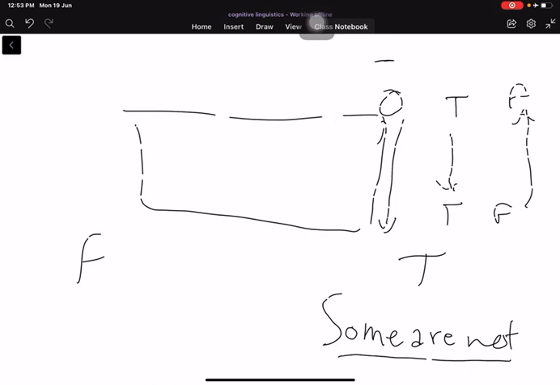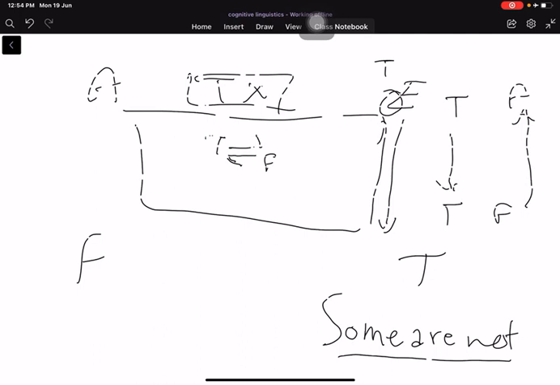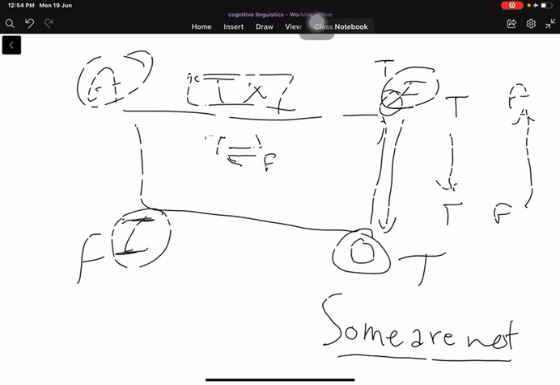This is the relation. A and E, they both cannot be true at the same time. I and O, these both cannot be false at the same time.